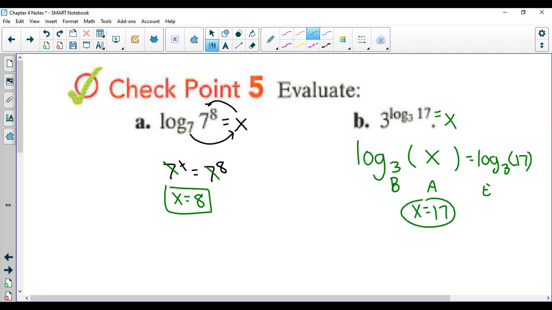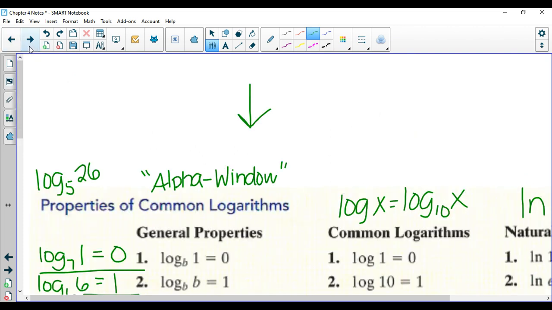So another property is that anytime you have the base of a log and the base of an exponent be the same, it just cancels out. You're left with 17. So that's going to lead us to a couple properties here.